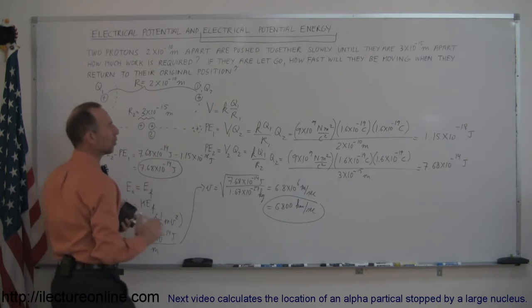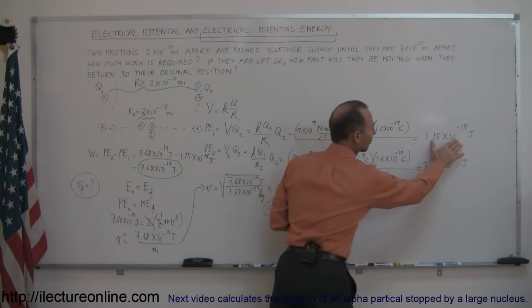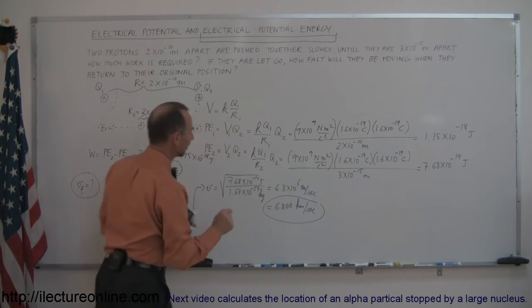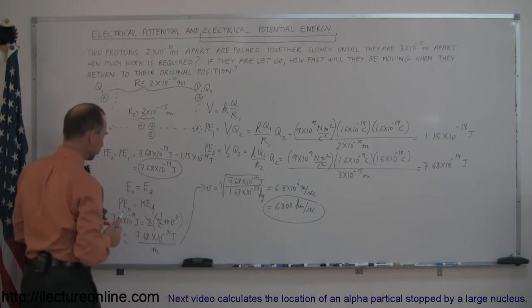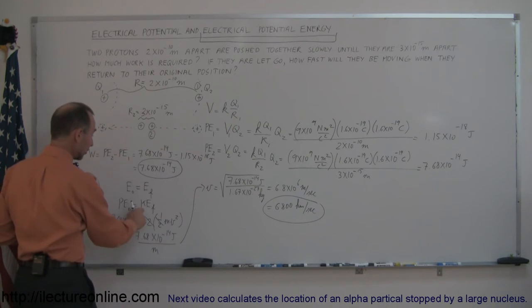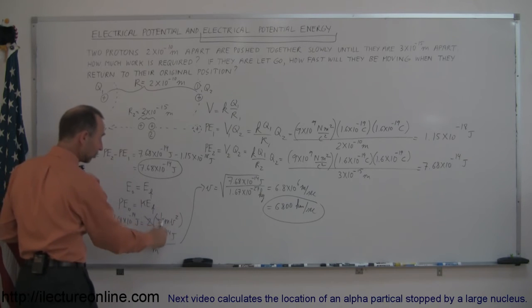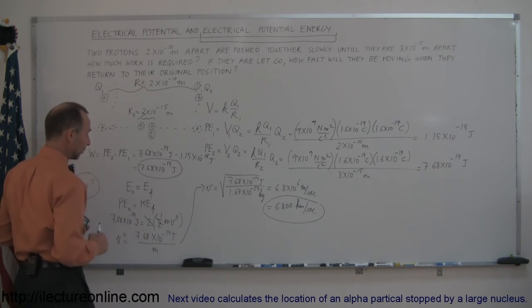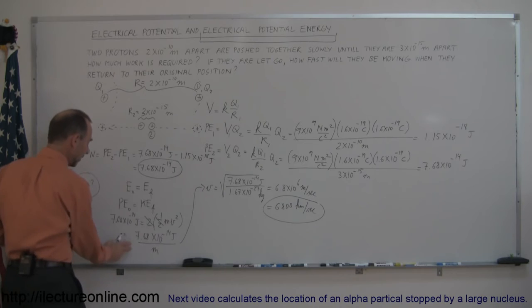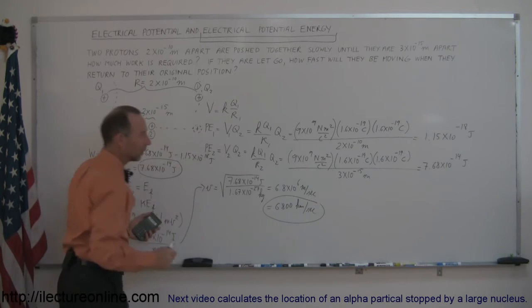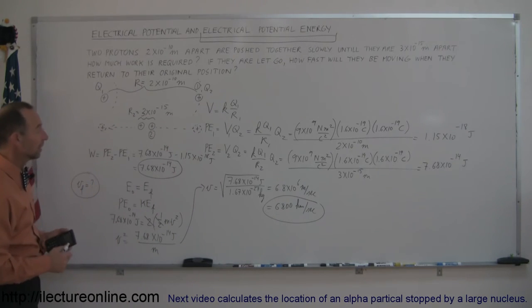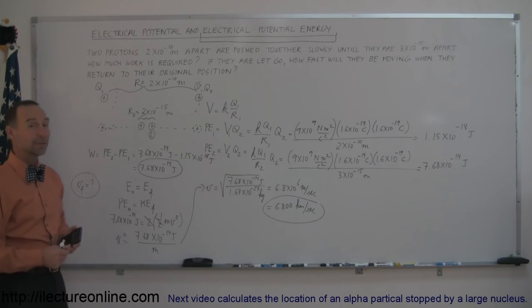We can probably ignore how much potential energy they will have when they get there, because that's a very small amount compared to their original potential energy. The kinetic energy, if you remember right, is 1/2 mv squared. Since there's two protons, we multiply times 2. The 2 cancels out the 1/2, and then a little bit of math, we can find the velocity of the protons when they reach their original position. And that's how you do a problem like that.